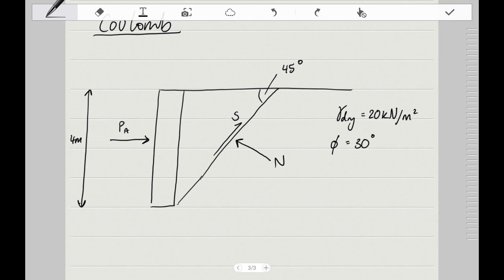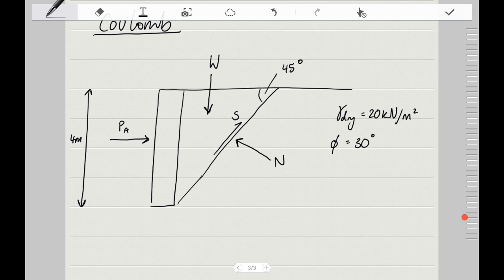Assume no shear at wall soil surfaces, i.e. the wall is smooth and the wall is weightless. Right? So I just want to add to this diagram that we want to calculate W, which is basically the weight of the soil. And the weight of soil is just this triangle here.